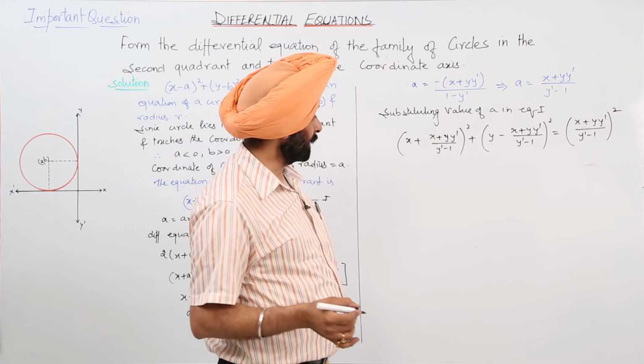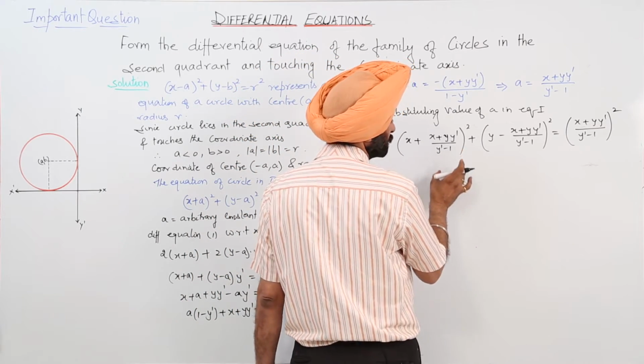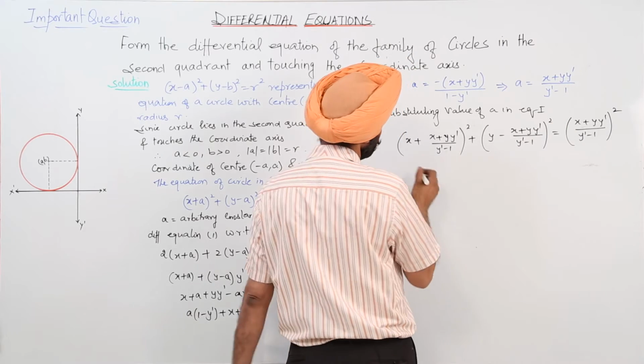Now taking LCM and then eliminating (y' minus 1) whole square from both the sides, what we are getting?